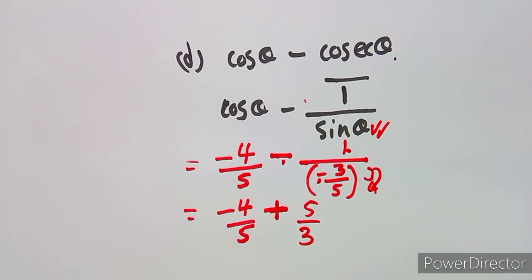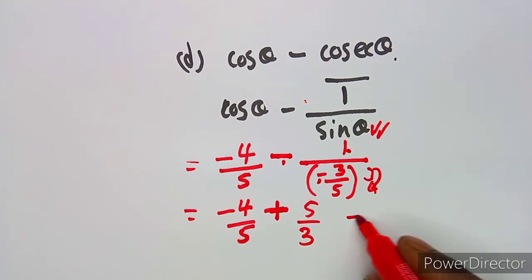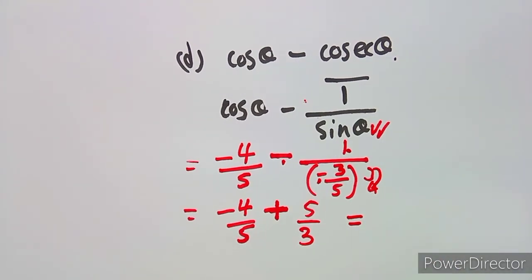Even at this stage, there's no effect of using a calculator or adding the numbers directly. You can use your calculator or add the numbers, depending on what is good for you. But in an exam, guys, do not waste much time. Just write your answer there. If you add this, you're going to obtain 13 over 15.